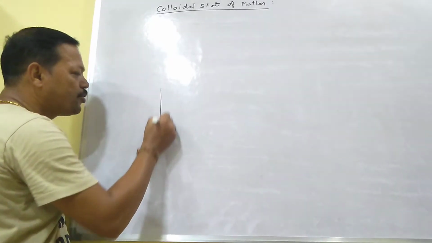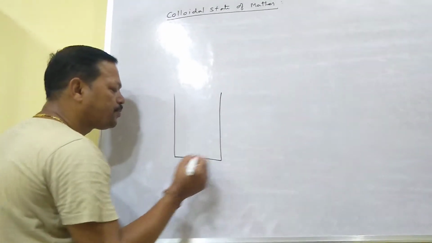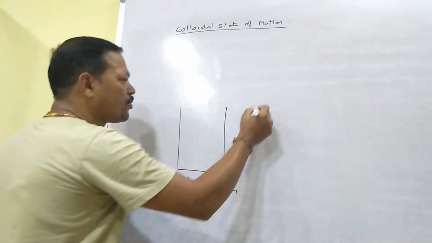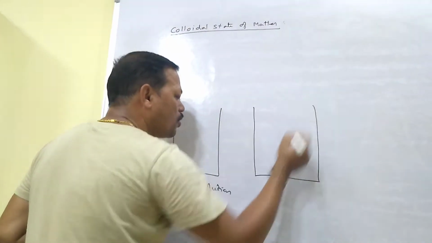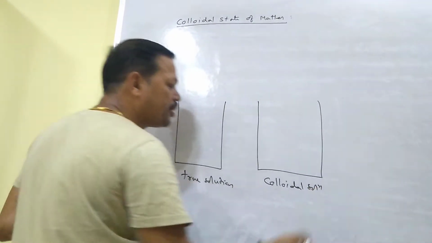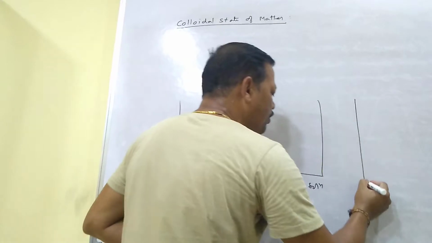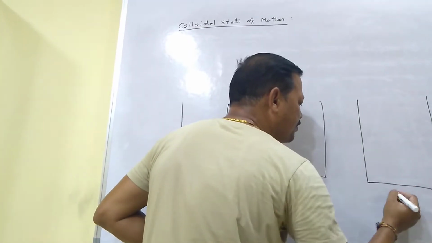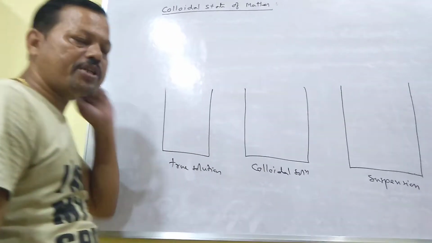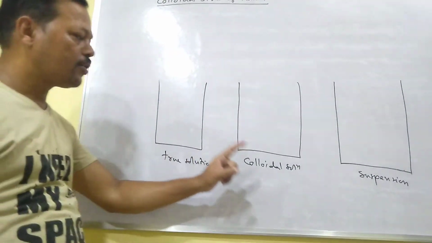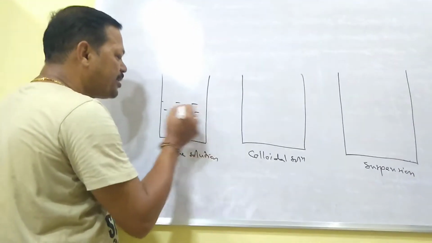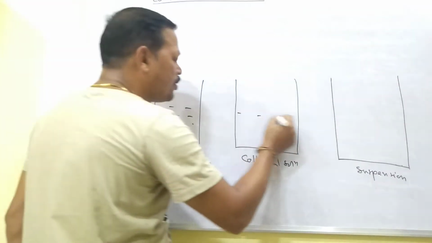Actually, there are three types of solution. One is called true solution, one is called colloidal solution, and one is called suspension. What is the difference between these three states?